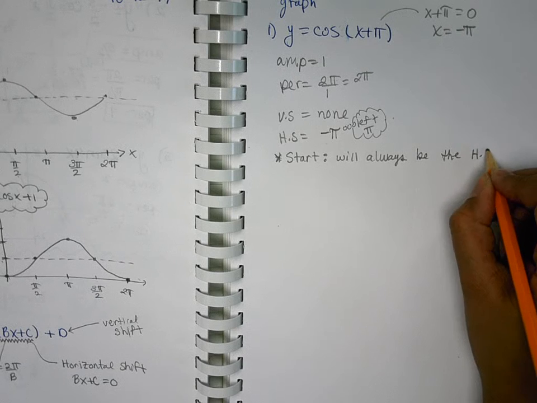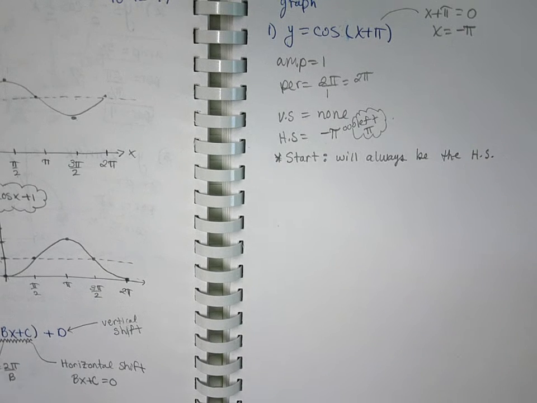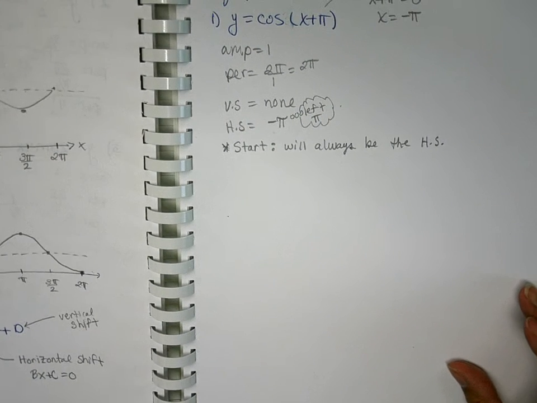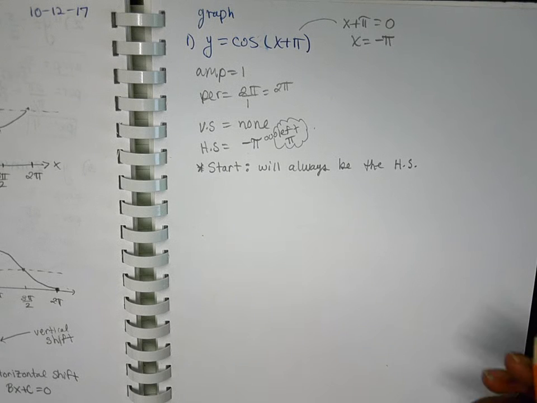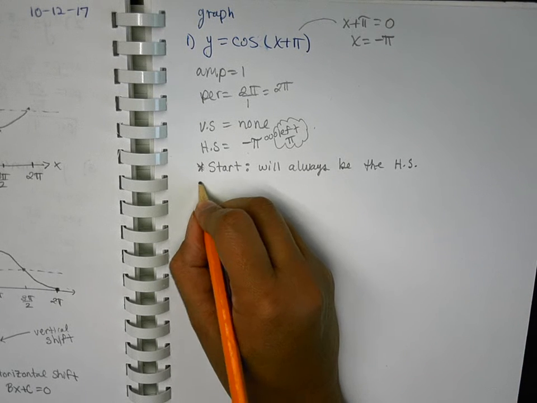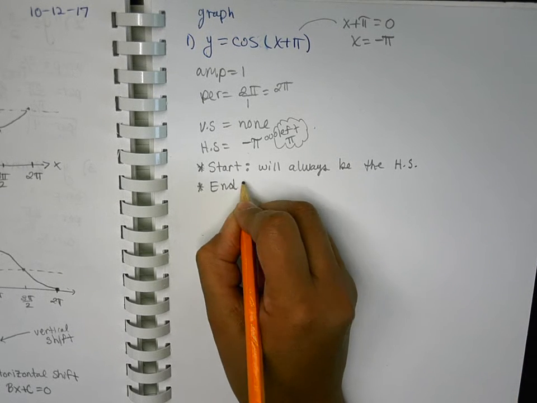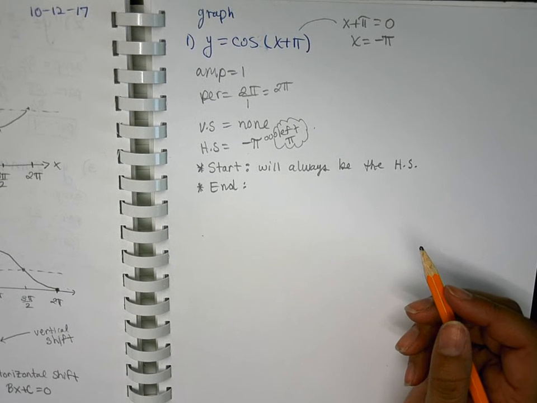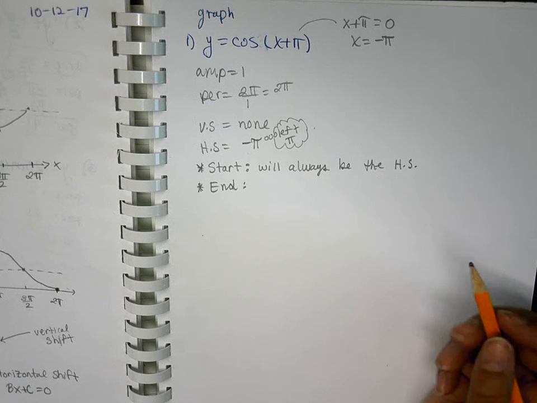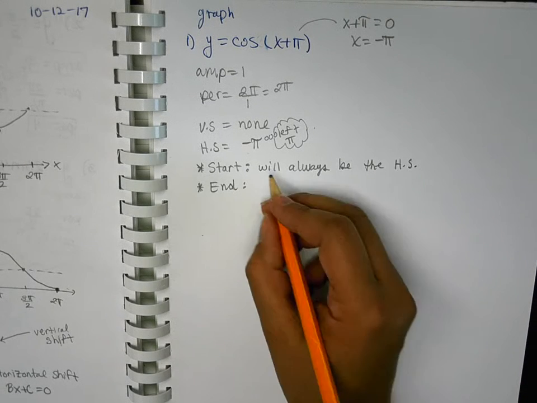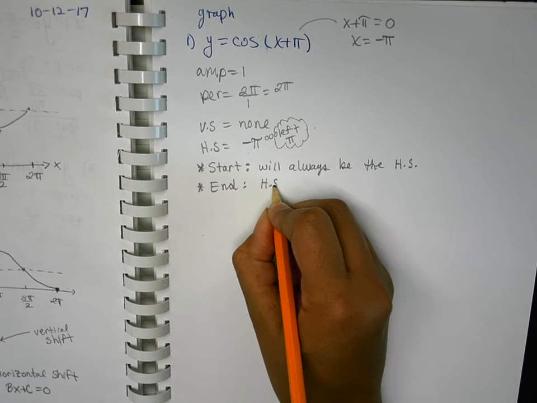What does HS stand for? Horizontal shift. Your start will always be whatever your horizontal shift is. Okay? And your end will always be whatever your horizontal shift is plus the period.